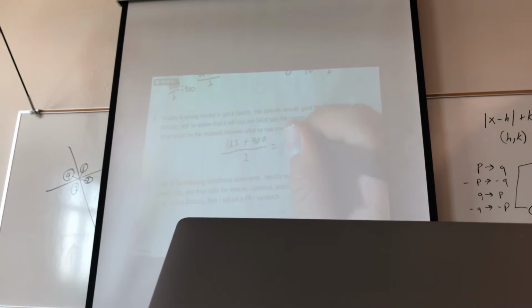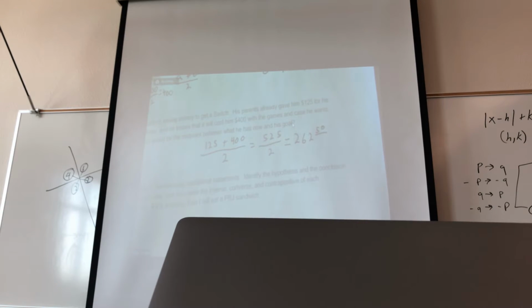That means it's 525 divided by 2, which should give me $262.50. Now, I'm not actually that fast at doing that in my head. I memorized it from the earlier class period. Okay? At $262.50, he will be halfway between what he has now and his eventual goal of 400.